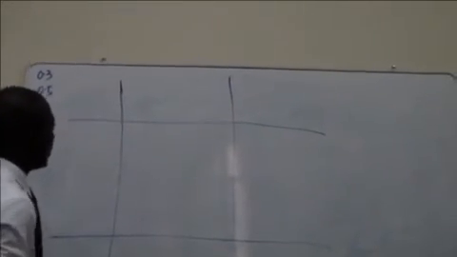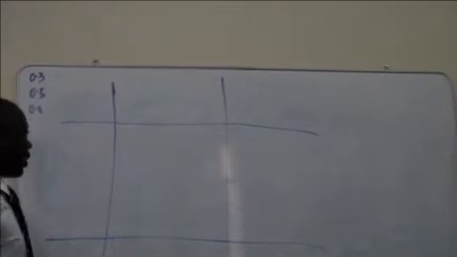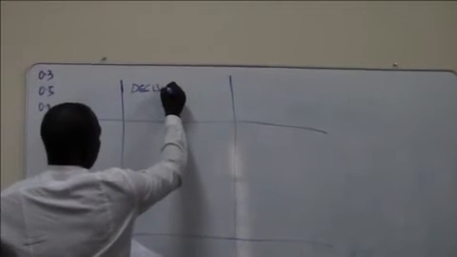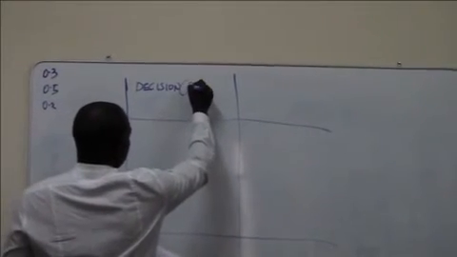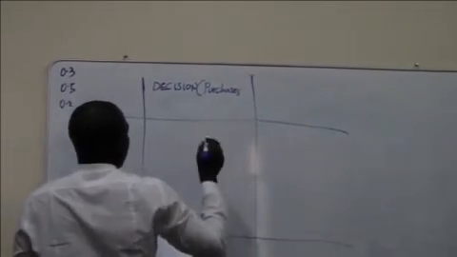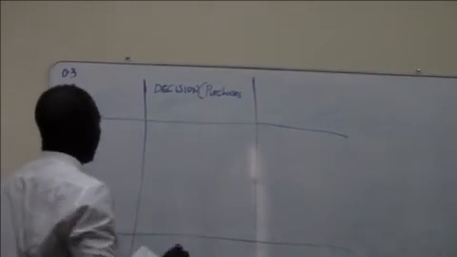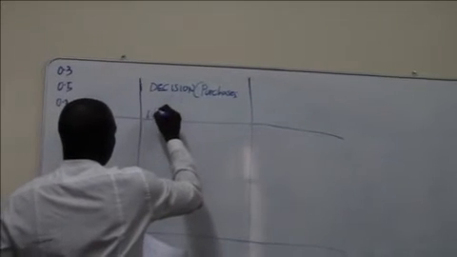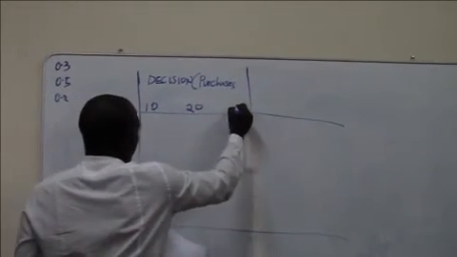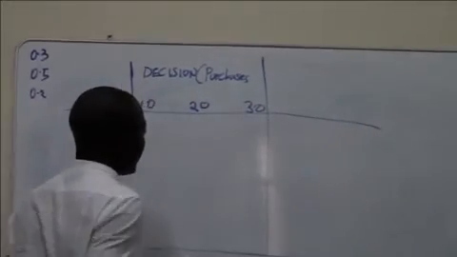Then of course, I'll show my possible outcomes, or maybe the decision over here. These purchases. As we've been told from the question, you can either purchase 10 cases, there'll be 10 cases over here, or you have your 20 cases over here, or you have your 30 cases over here.